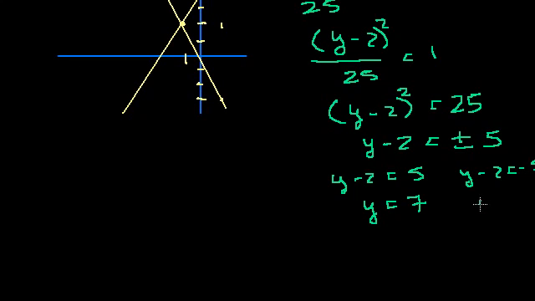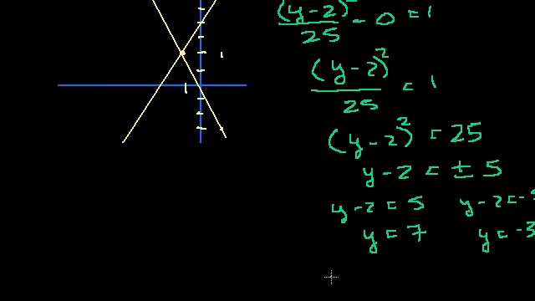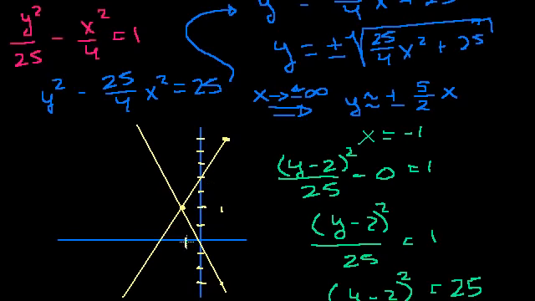Add 2 to both sides of this, you get y is equal to minus 3. So we know that the points minus 1, 7 and minus 1, minus 3 are both on this graph. So minus 1, that's here, 1, 2, 3, 4, 5, 6, 7. Minus 1, 7. And minus 1, 1, 2, 3 are both on this graph.